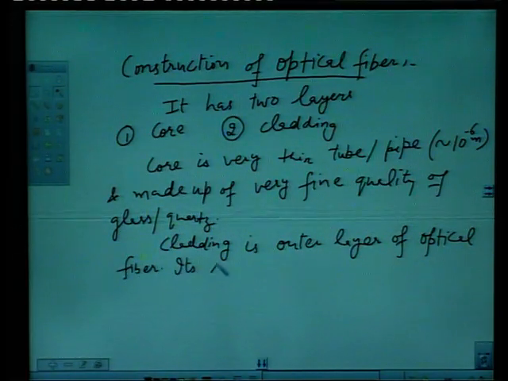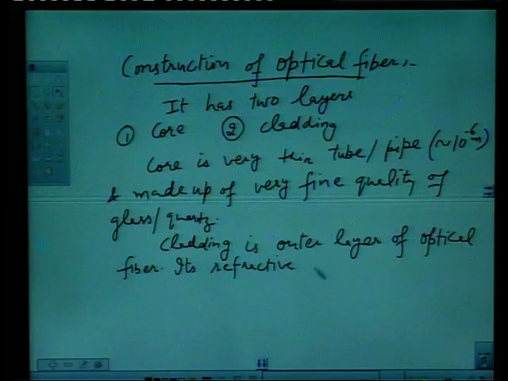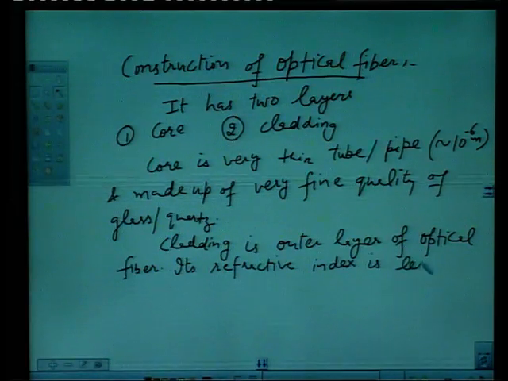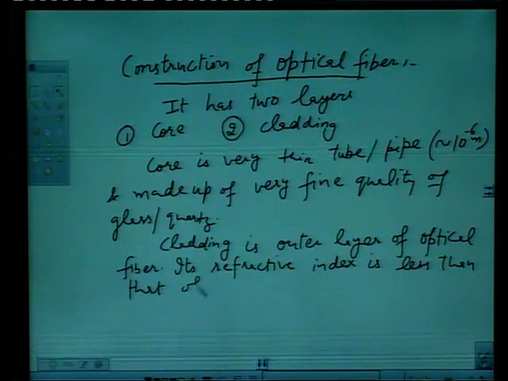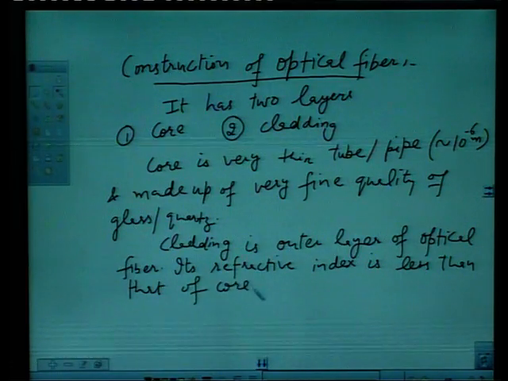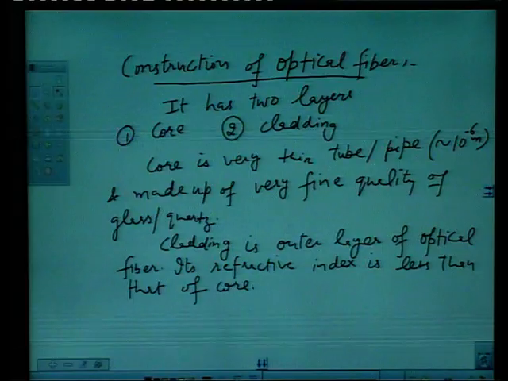Its refractive index is less as compared to that of core. So, this is the basic construction of optical fiber.